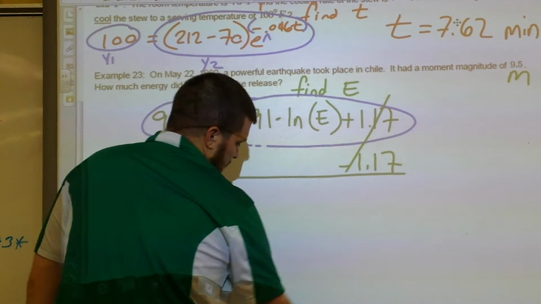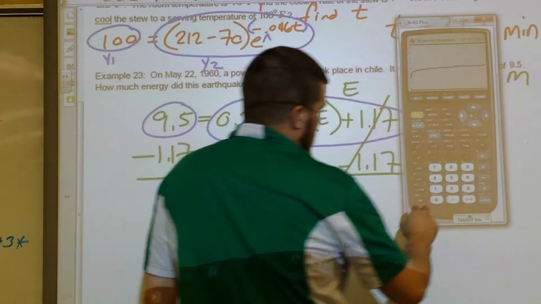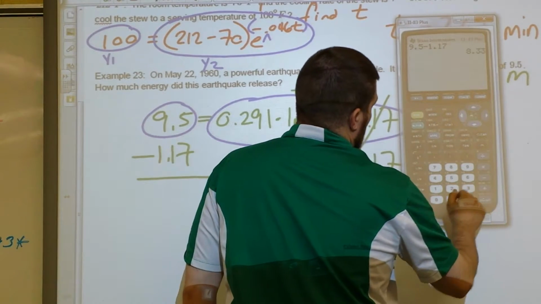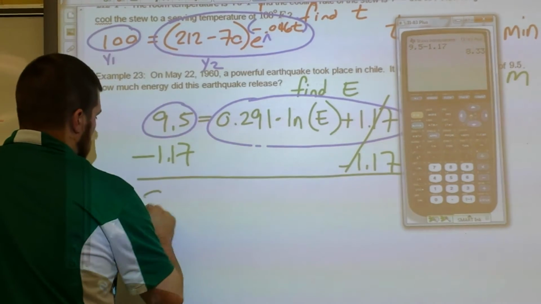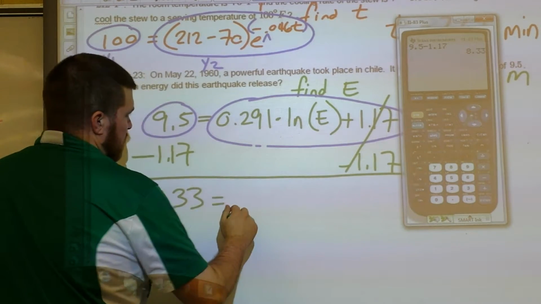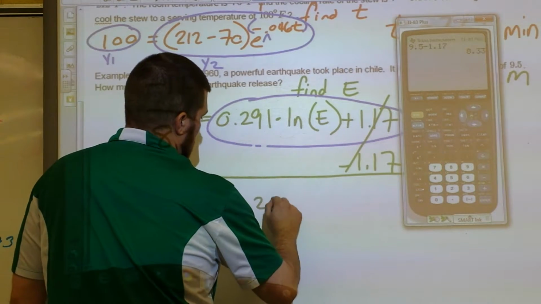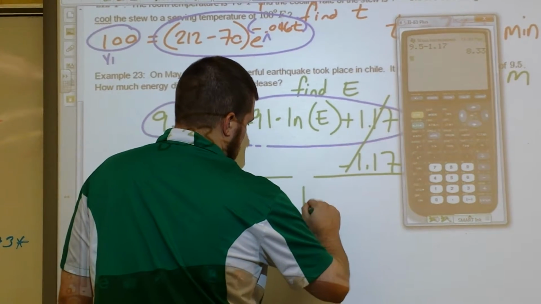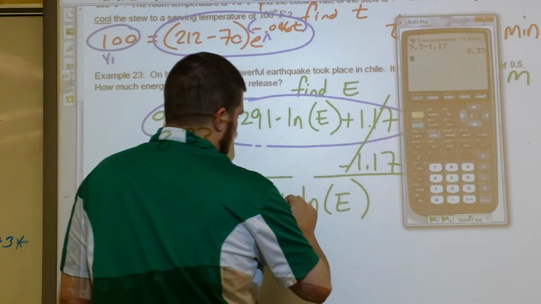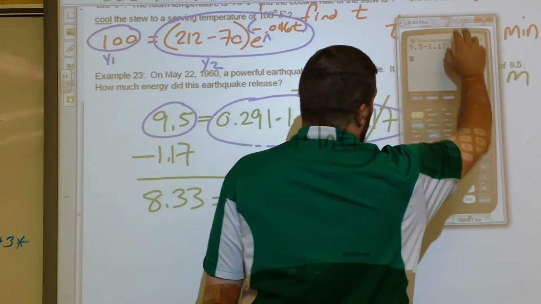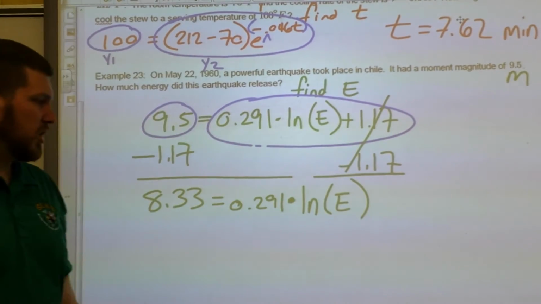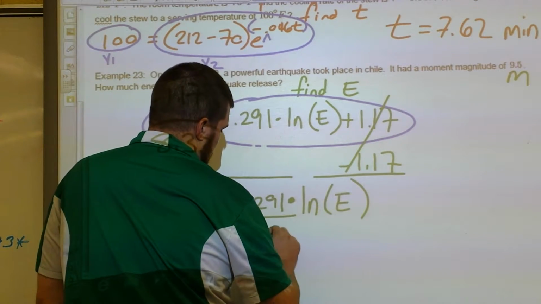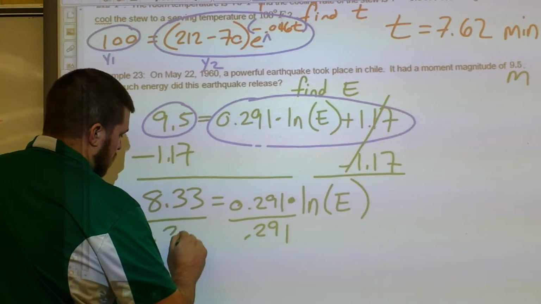So 9.5 minus 1.17 is 8.33, and that's still equal to 0.291 natural log of E, and that's multiplication in there. Since we have multiplication, to undo multiplication we divide. So divide by 0.291 on both sides.